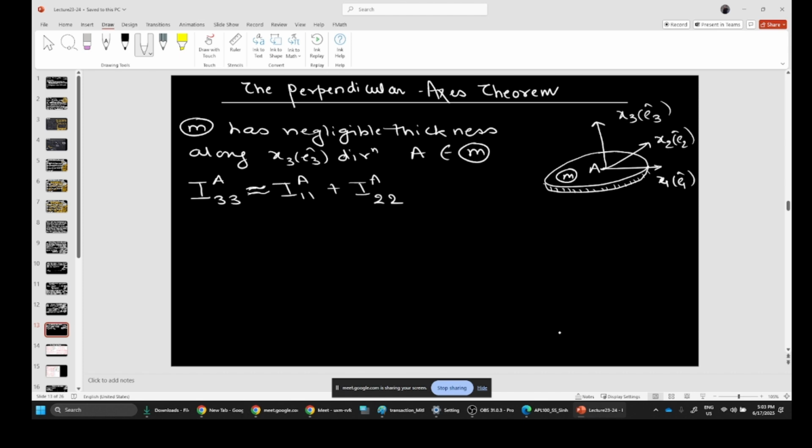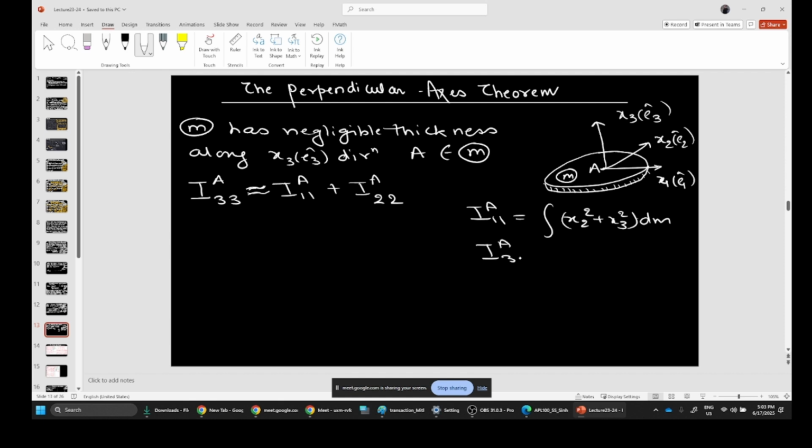That's the theorem. How does it help? It helps because for a thin body, if you know IA11 and you know IA22, at least for IA33 you do not have to do any integration. Remember, IA11, if one has to find it, he will have to do this integration, right?